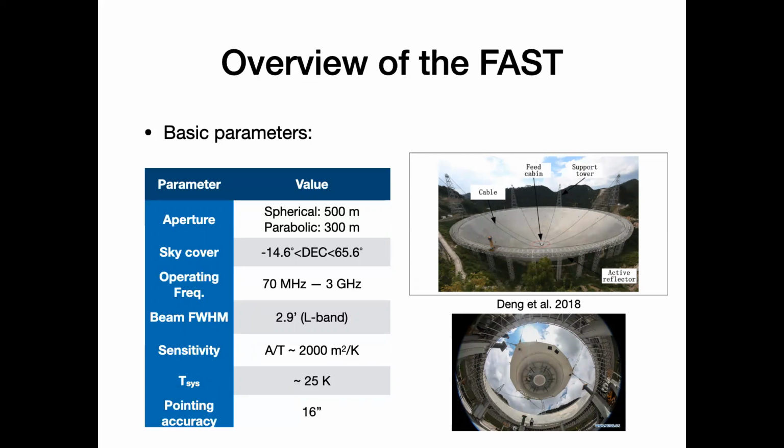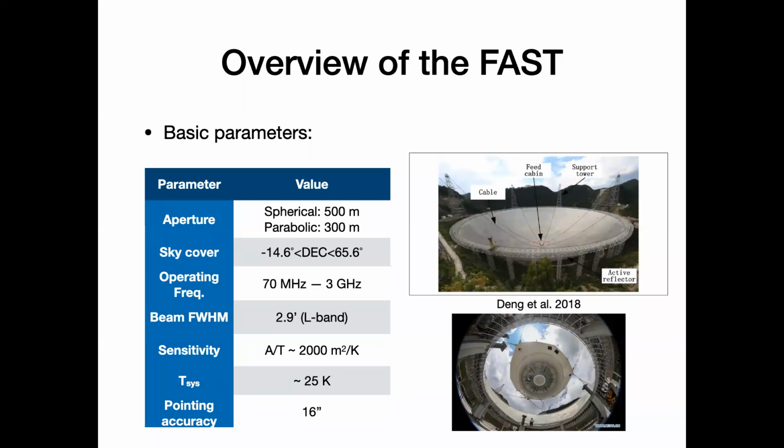And the sky coverage of the FAST telescope may focus on the northern hemisphere, northern sky. It can range in declination from -15 to 65 degrees, and the operating frequency is in the low and middle frequency range.